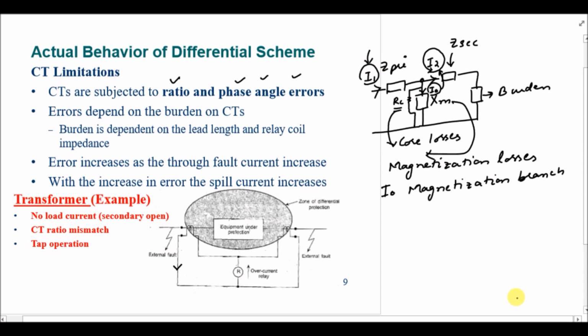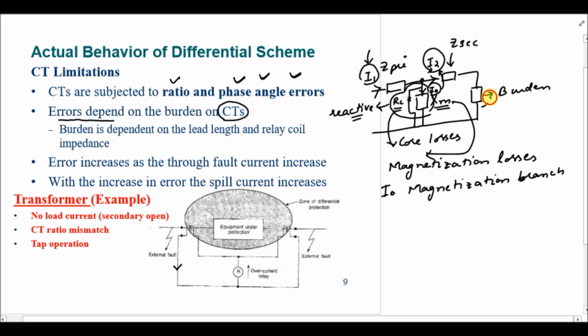Therefore there is always an error in the measurement of the CTs, and as this branch is highly reactive, because this XM portion of the impedance is the dominant one, there is always a phase angle error whenever we are implementing actual CTs.